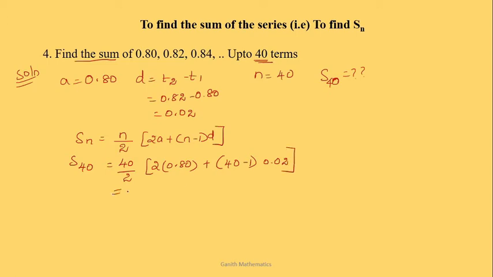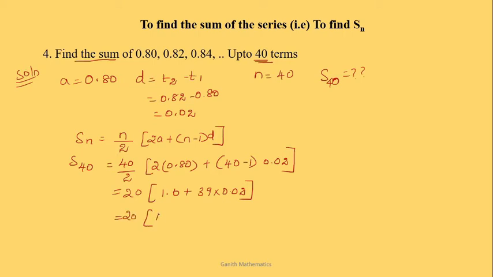So 40 by 2 will be 20, 2 into 0.80 will be 1.6, plus 40 minus 1 will be 39 into 0.02. Okay, so you can either multiply and add, or you can add and simplify the bracket value, and then you can go ahead with that.